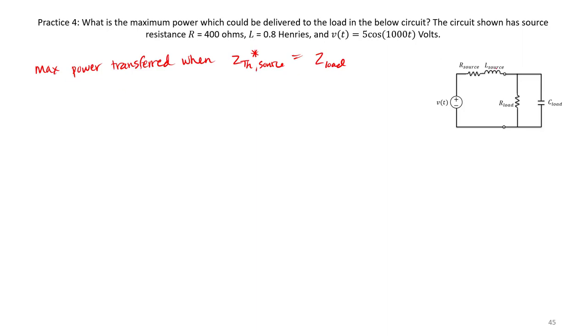In this case, we know what the Thevenin impedance of our source is. It is just going to be that 400 ohm resistor plus j omega L. In this case, omega is 1000 and our L value is 0.8 henries.